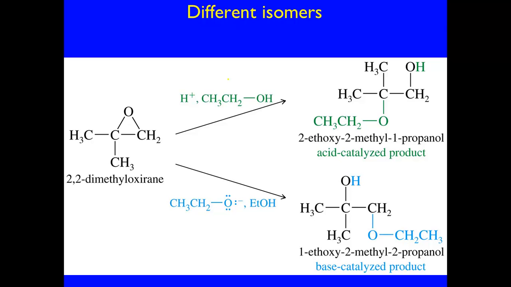When you have acid, you open from the highly hindered, highly substituted carbon. That's an SN1-type reaction. When you have bases, you open from the less hindered side, and you get a more hindered tertiary or secondary alcohol as the result of base-mediated opening of the epoxide.